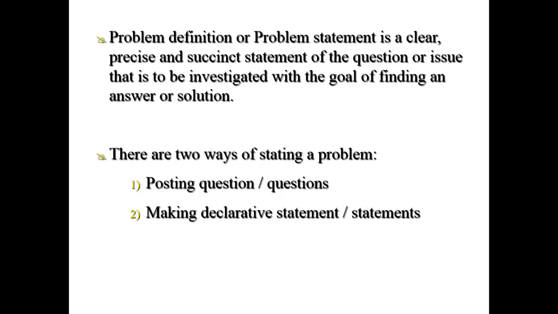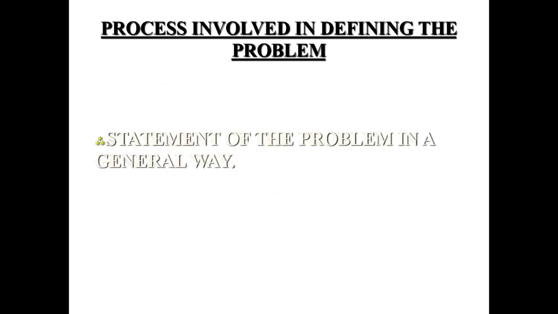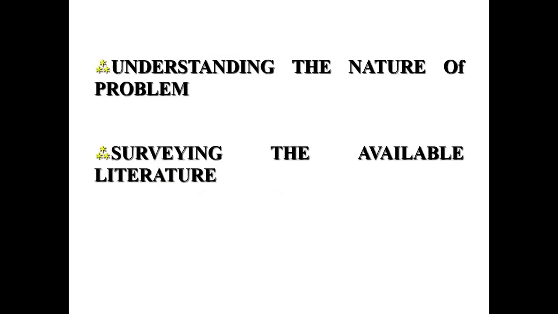So it is a question, and I want to answer it with the help of the analysis and the results I might obtain. So, the statement of the problem in a general way, understanding the nature of the problem, and surveying the available literature. You have to understand the nature of the problem. That is very important. If you know exactly the nature of the problem, then you will go for surveying the available literature.